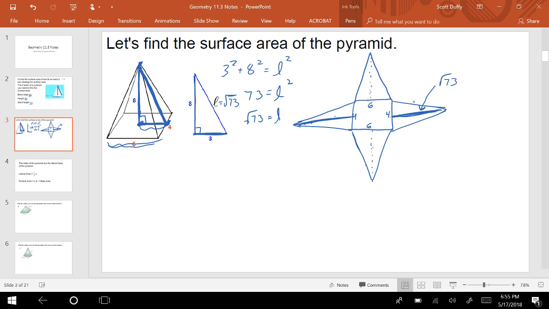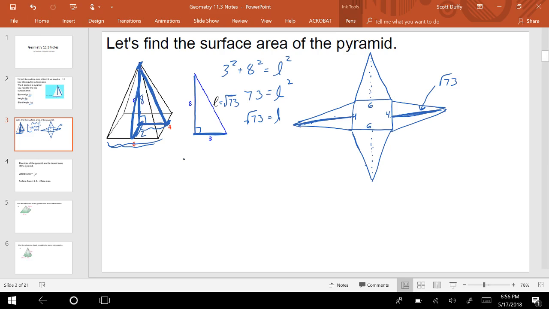If we were to turn it sideways and draw the slant height of the front edge, this distance would be 2, the height would still be 8, and we need to know that c.